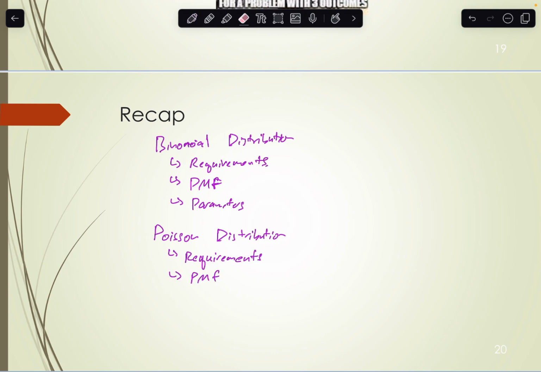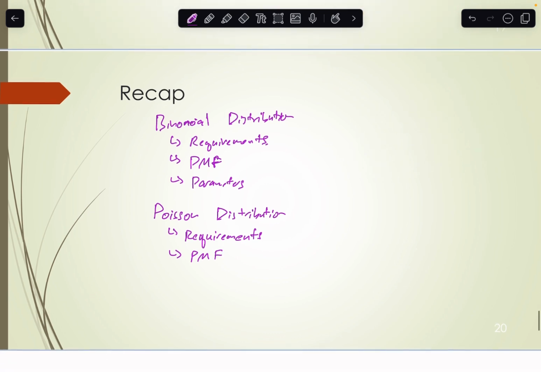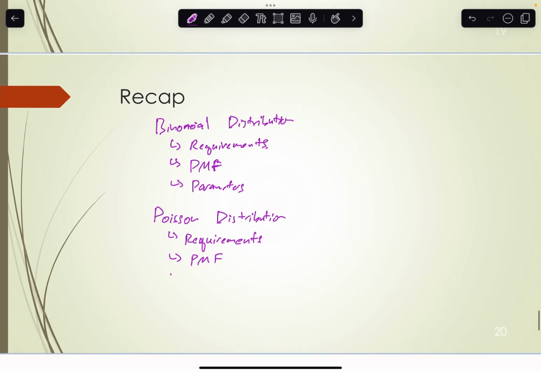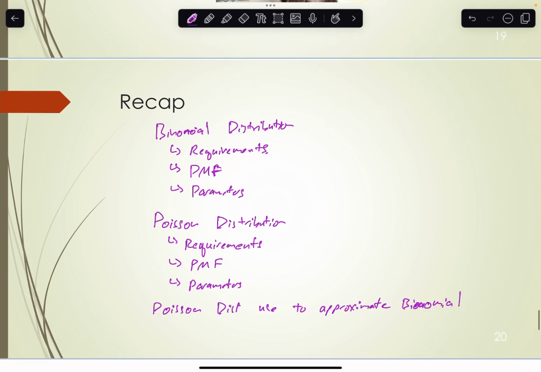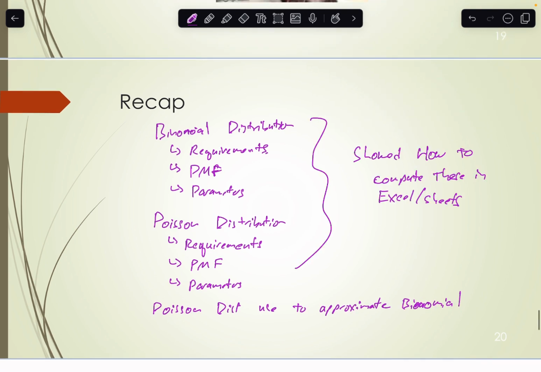We also talked about the PDF, which was better than binomial, but not by much. We talked about the parameters. We talked about how the Poisson distribution can be used to approximate the binomial distribution. We showed how to compute these in Excel/Sheets. Sheets uses all the same formulas.